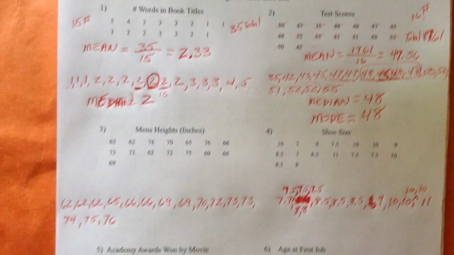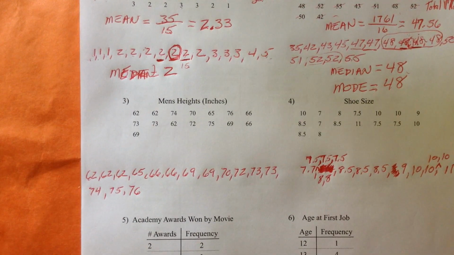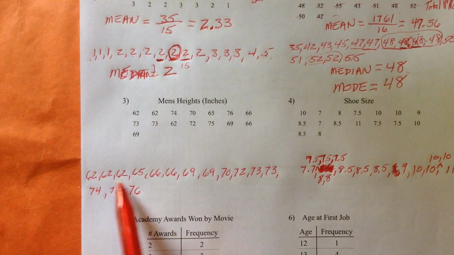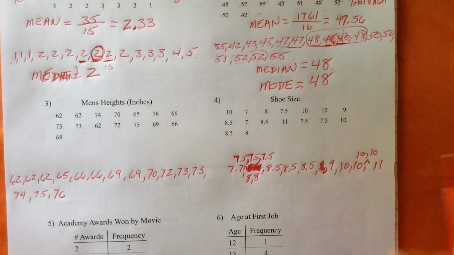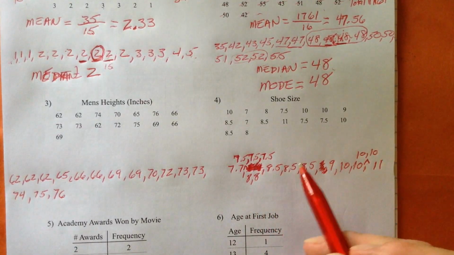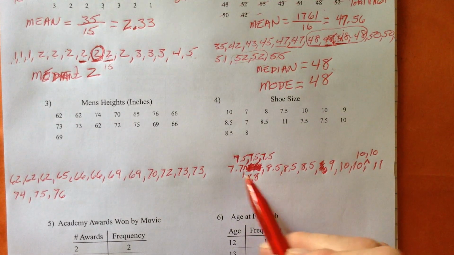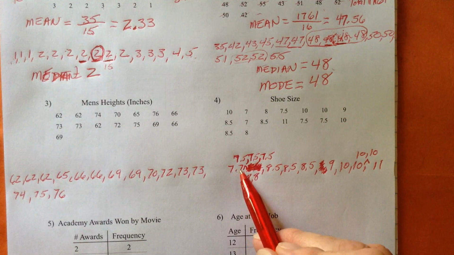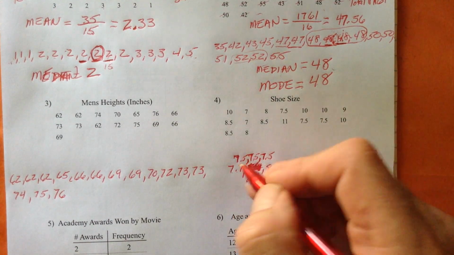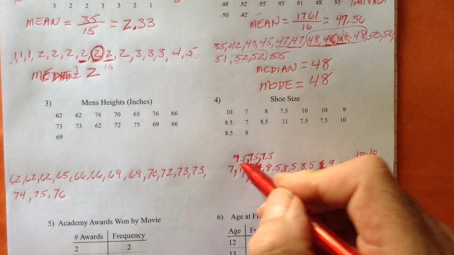Let's do 3 and 4 also. Okay? And again, I went ahead and put them in order. And you can see here, this is why it's nice having those erasable boards, because I messed up here. I went 7, 7, 7.5.